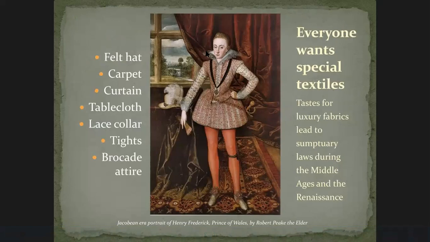The taste for luxury fabrics led to sumptuary laws during the Middle Ages and the Renaissance. You still remember when you buy clothes at a mall or somewhere, we need to consider what type of material or what cloth is used in a certain piece or a certain t-shirt that you wanted to wear, diba?